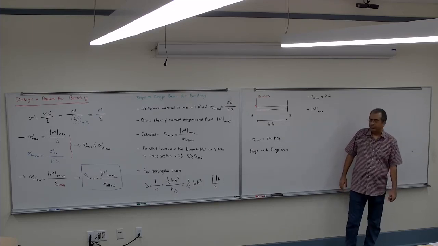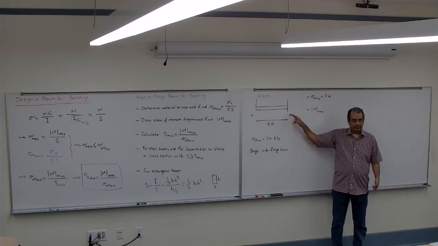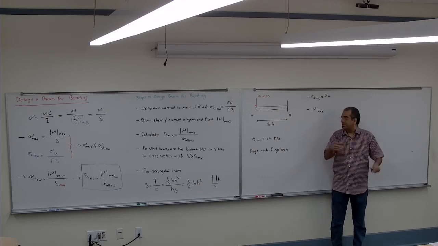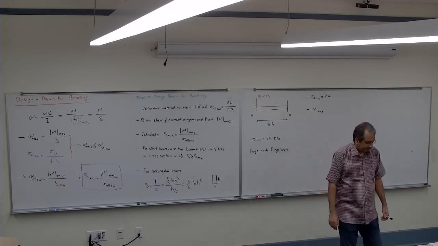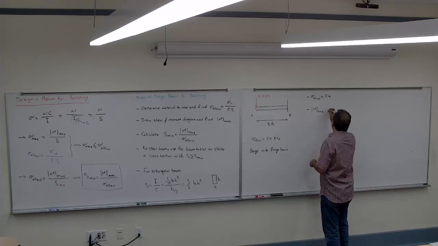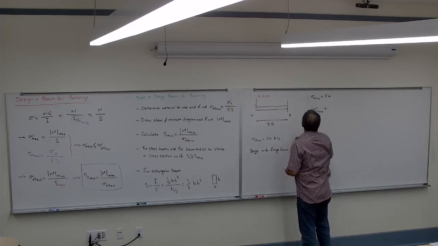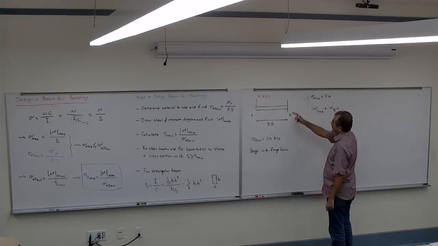Right at the B. So the maximum bending happens here at the B. So if I calculate the moment at the B, it's going to be my maximum. How much is the moment at the B?